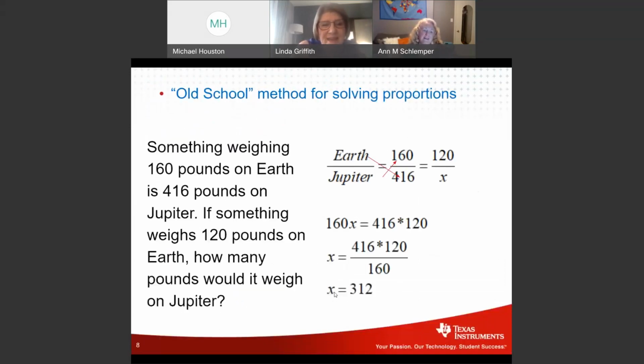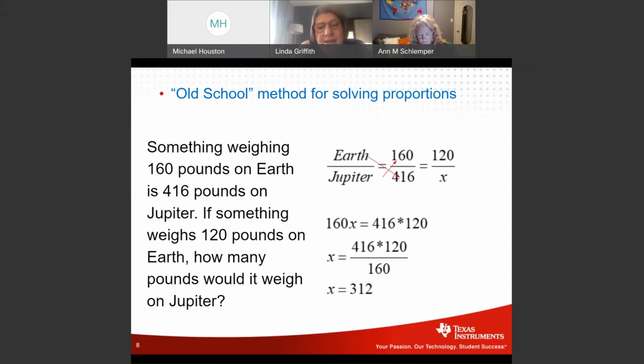Success. Okay. So now we're going to talk about proportions. One of the things that's always bugged me is that the method that we've taught kids to set up these proportions, and then we said just it's magically, some people say cross multiply, some people say the product of the means is equal to the product of the extremes, but it just seems like magic.